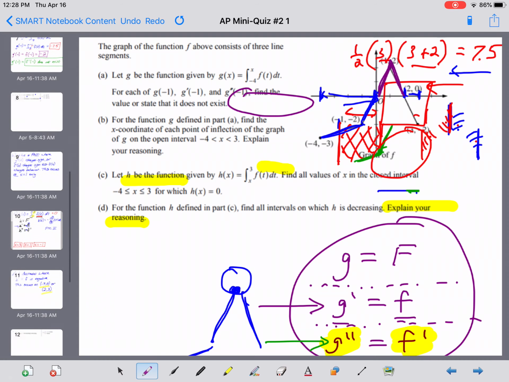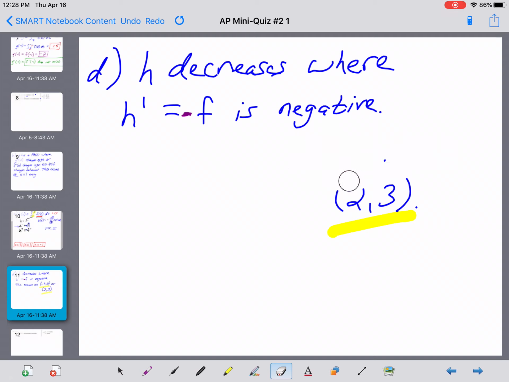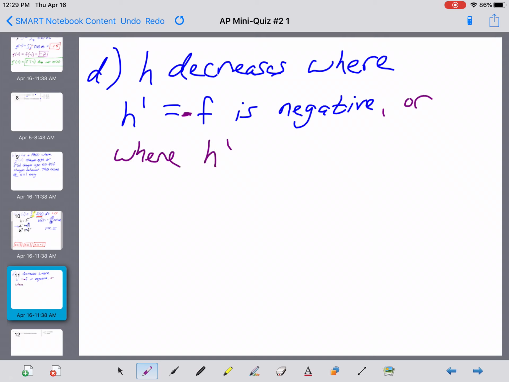So that was only going to occur right here, and that is from 0 to 2. All right. So basically, what should we have said? H is decreasing where h prime, which is equal to the opposite of f, is negative. And if I had to do all this over again, which I do, let's get rid of that. Where h prime, which is the opposite of f, is negative, or let's put it this way, where f is positive.